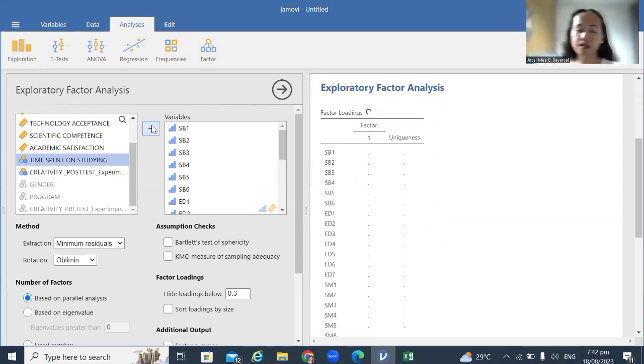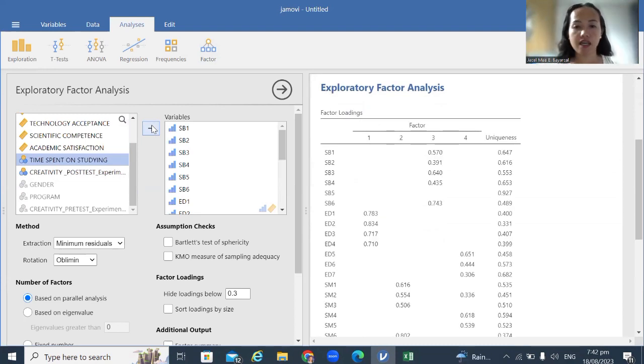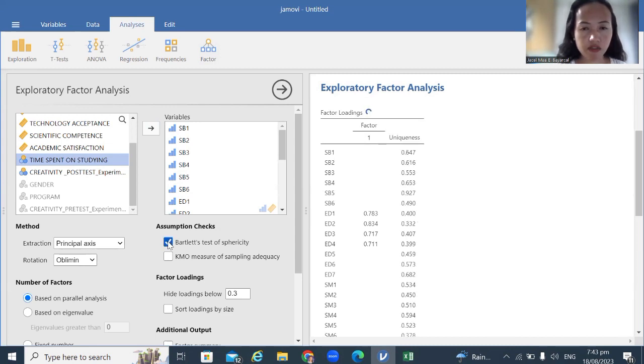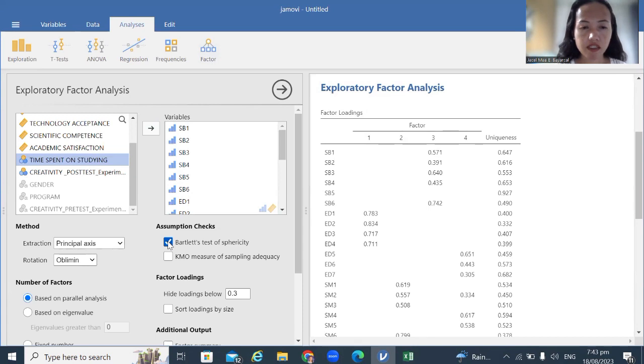Okay, so Jamovi now is preparing its data. For method, we will be checking principal axis, and then rotation. Okay, it's oblique. Assumptions check: we'll be having Bartlett's test of sphericity and KMO measure of sampling adequacy.